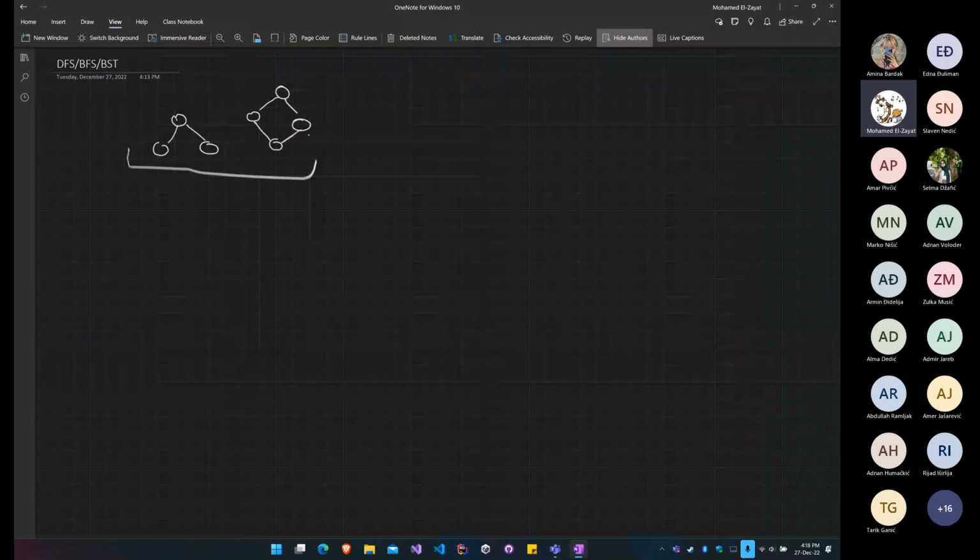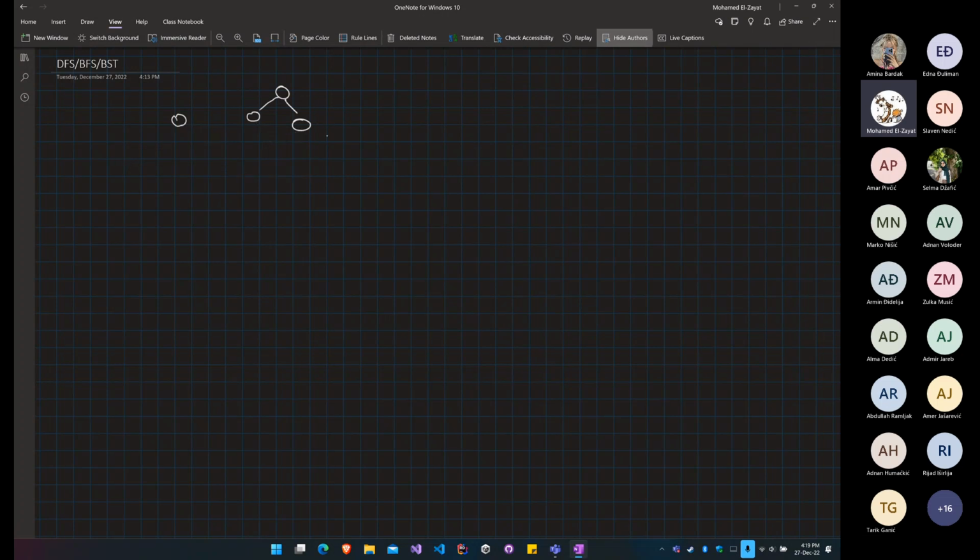BFS is used for pathfinding. If you have a maze and you would like to find a path from one point to another in a maze, BFS is one of the good algorithms. There are many better ones, but we're going to talk about this a little bit later. I just wanted to give a quick introduction about this.